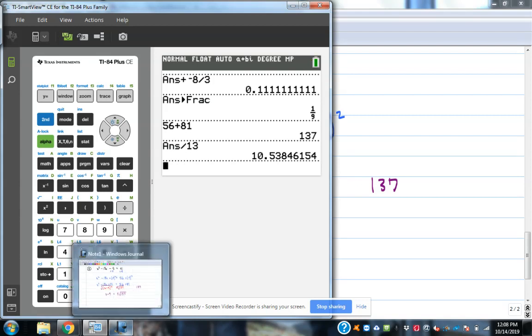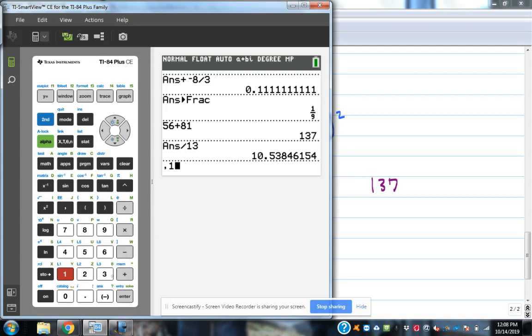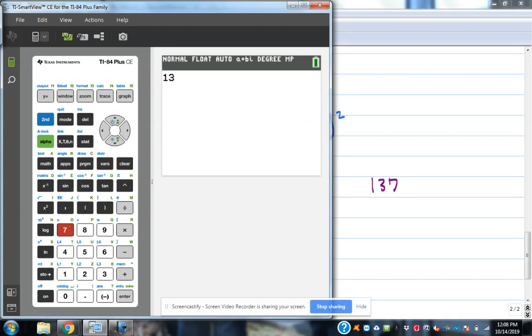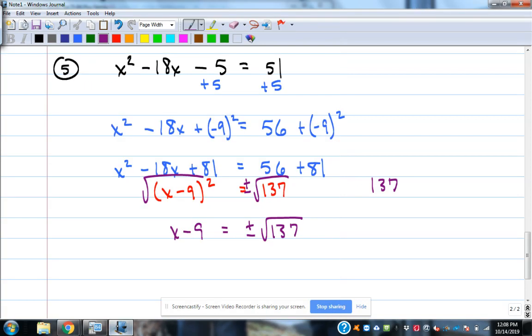I don't know. Oh, 137 divided by 11. Doesn't look like it's divisible by anything. It looks like it's a prime number, which is nice. That means there's nothing I can do to break it down.